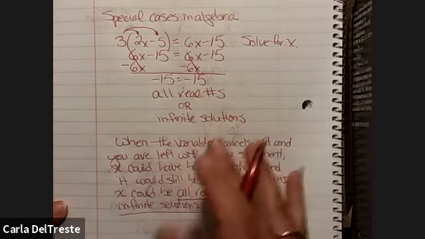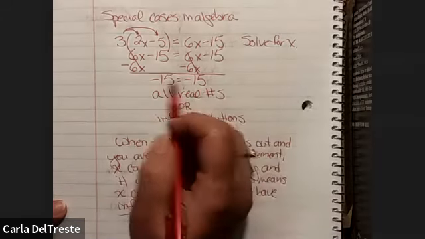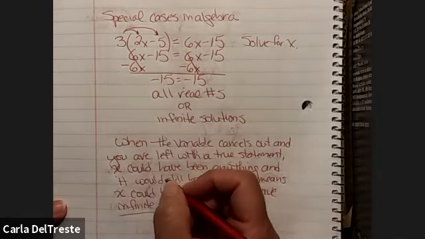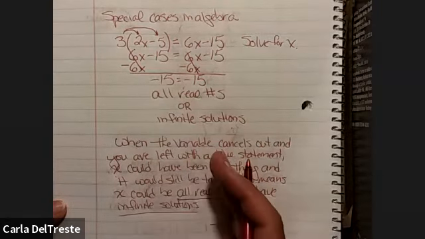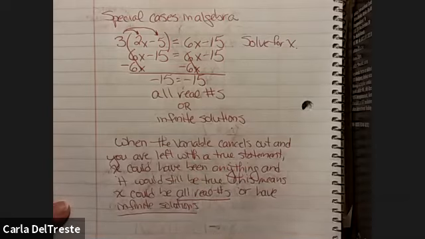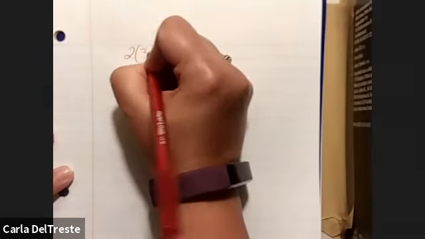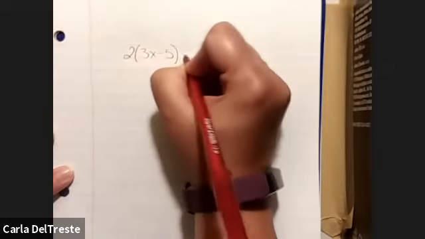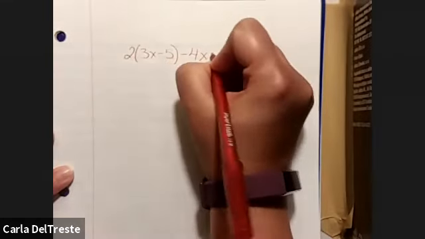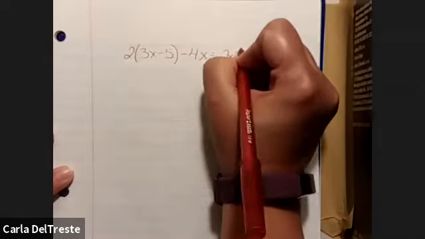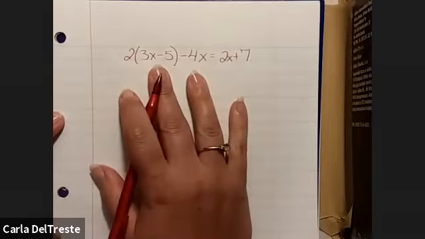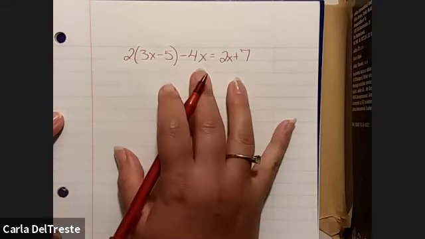Excuse me. So some of you might be asking, okay, this is what happens if it's true, but what happens if it's false? So let's do an example like that. Let's say that you're asked to solve 2 times 3x minus 5 minus 4x equals 2x plus 7. Now, again, you're not going to notice anything special about this.